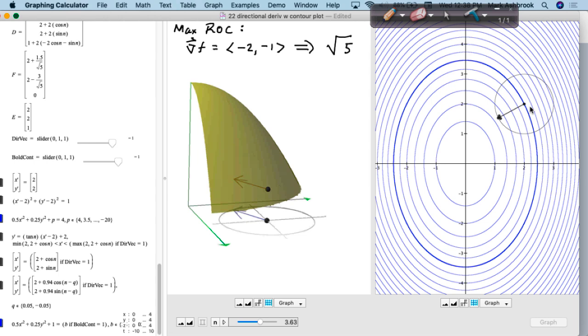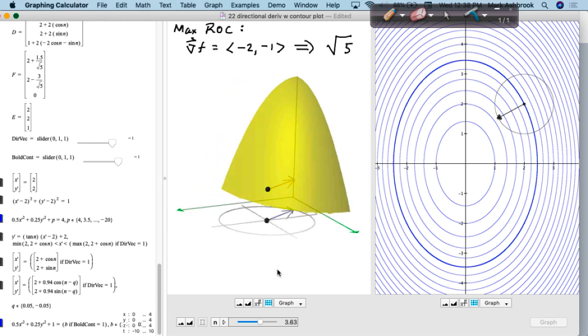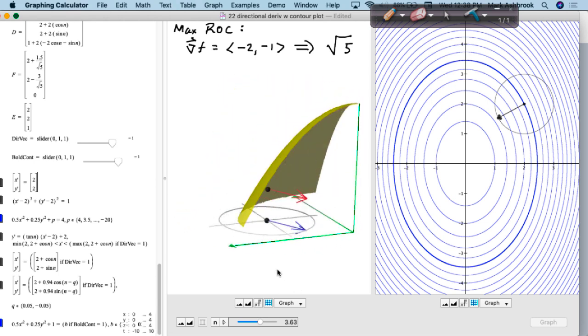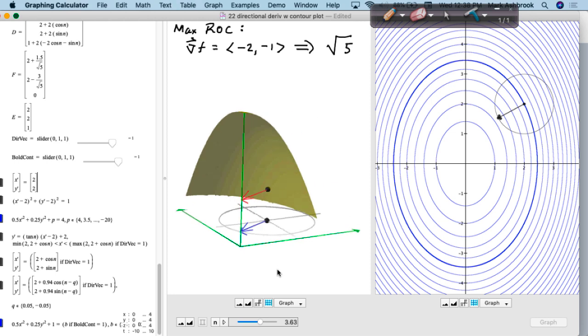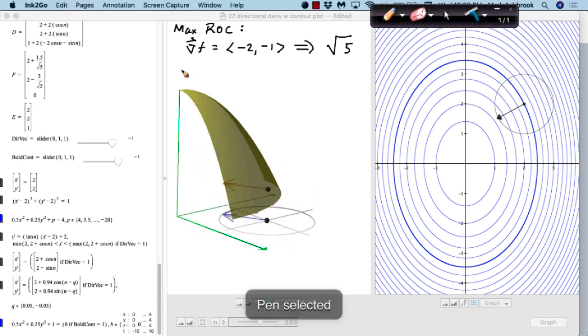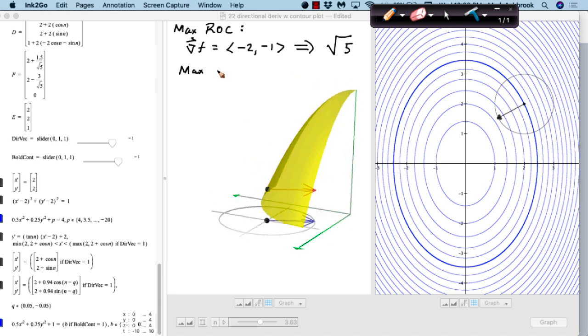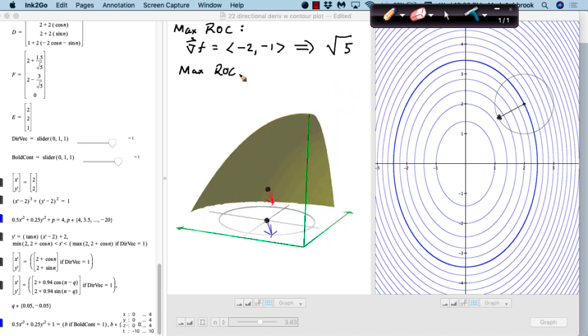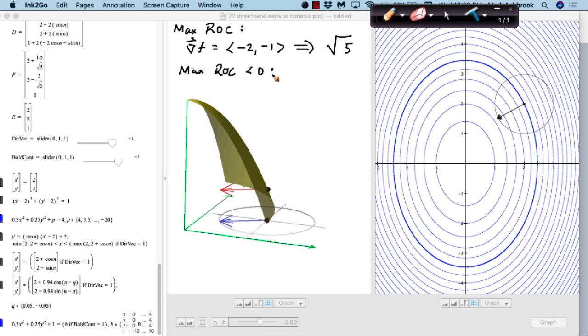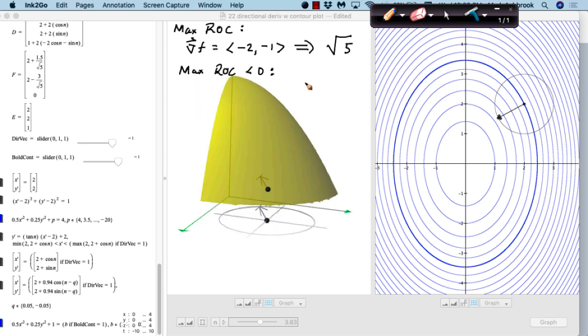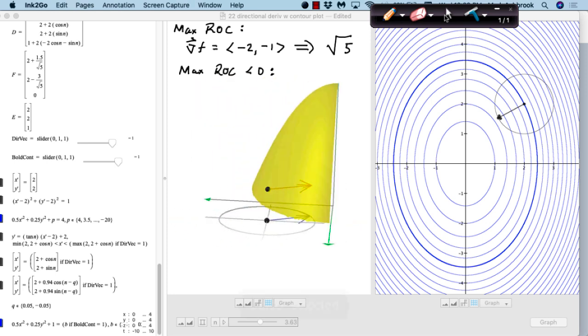And what about the direction of greatest negative rate of change? So max negative rate of change. What would the direction of that be? This just falls right out.